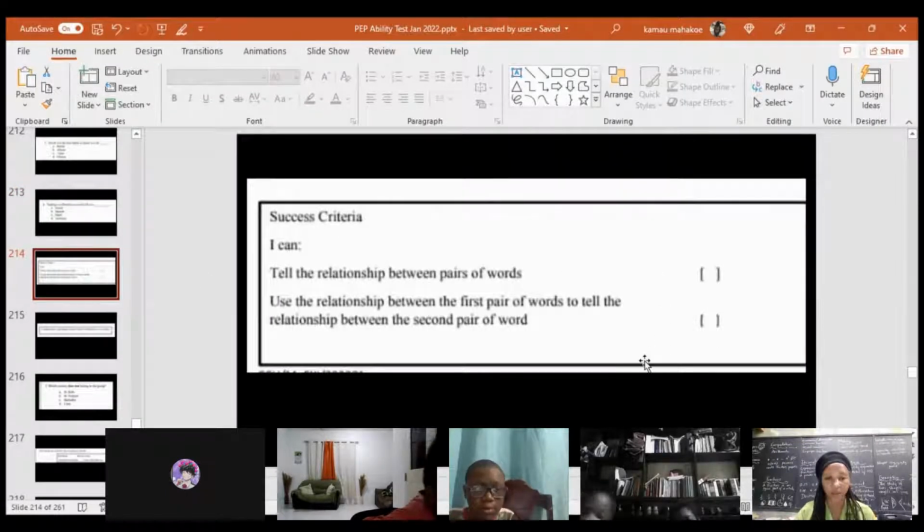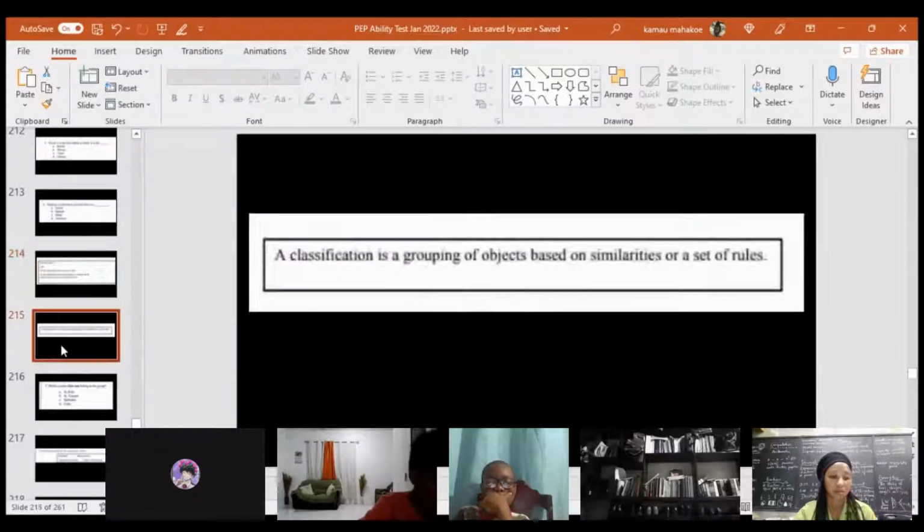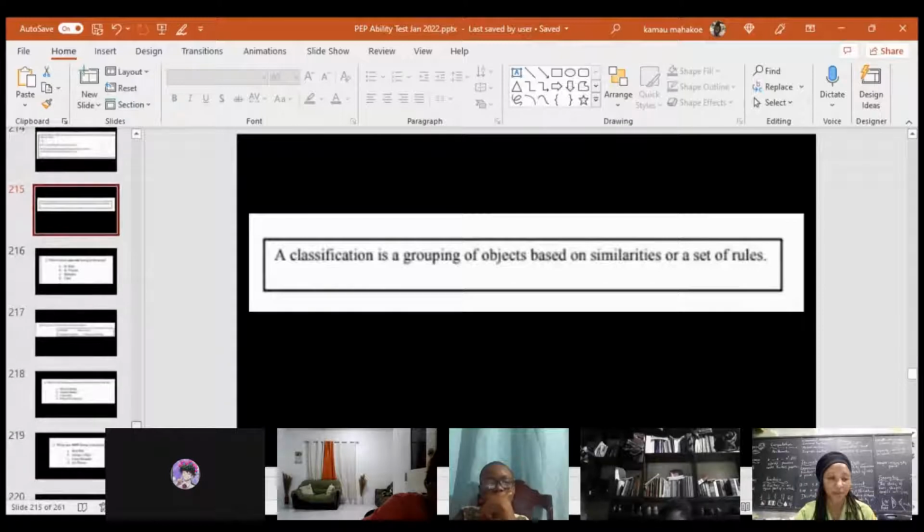Amari, oh, hold on. So the success criteria: we should be able to say, I can tell the relationship between pairs of words, and I can use the relationship between the first pair of words to tell the relationship between the second pair of words. Amari, read what a classification is for me.